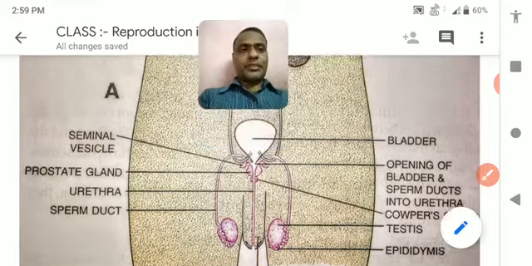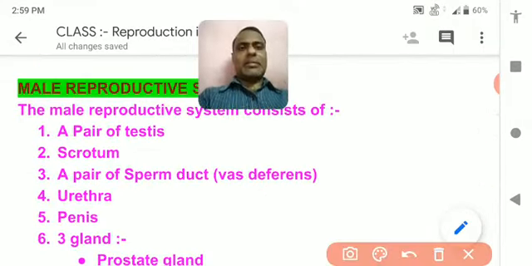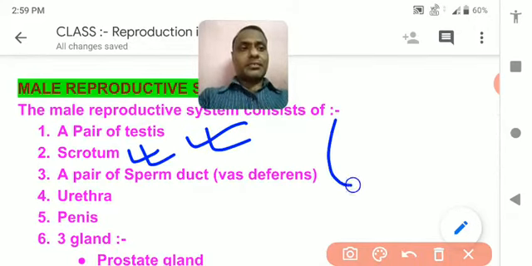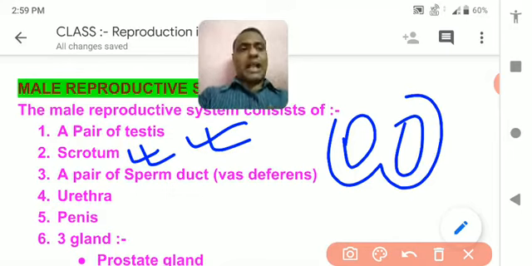Understood? So what have we studied? We studied about a pair of testes. Scrotum means the bag in which the testes are present, the bag present outside the abdominal cavity, meaning outside the abdomen, which holds the two testes.